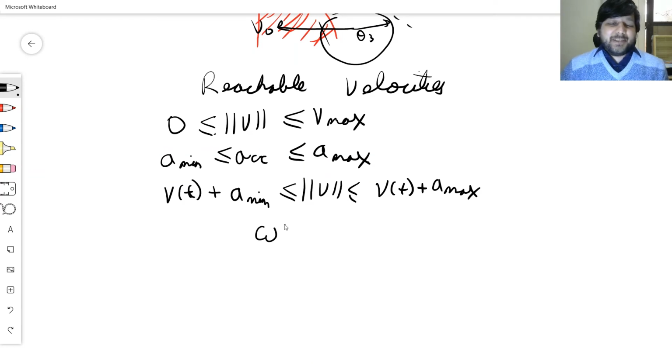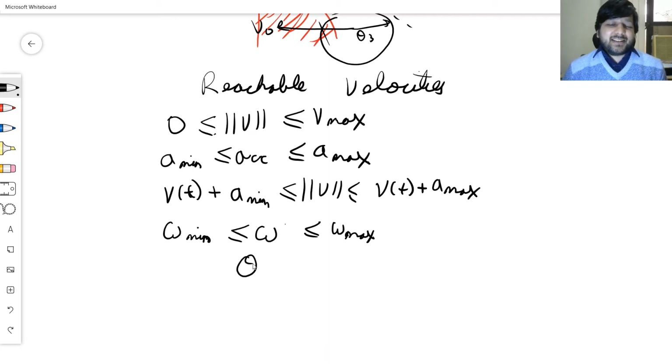Similarly, my angular speed has constraints. So my angular speed can be between omega min, which will be negative, to omega max. Let me not consider angular acceleration to make it simple.